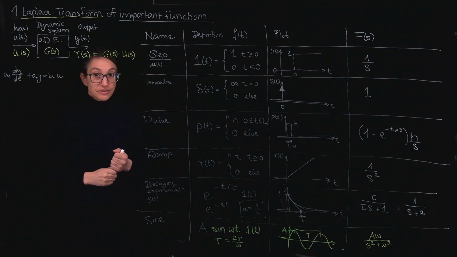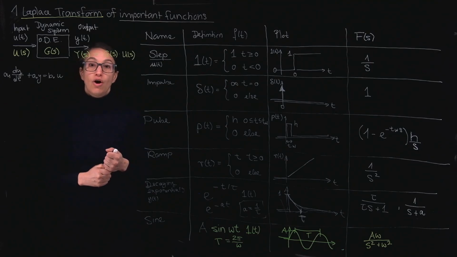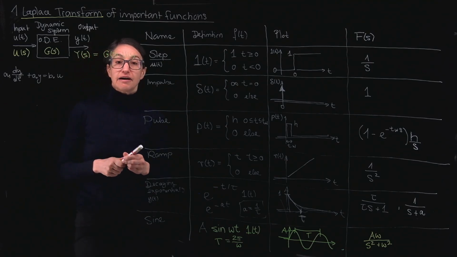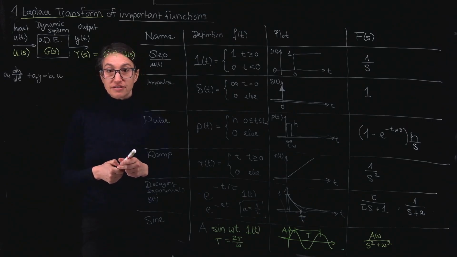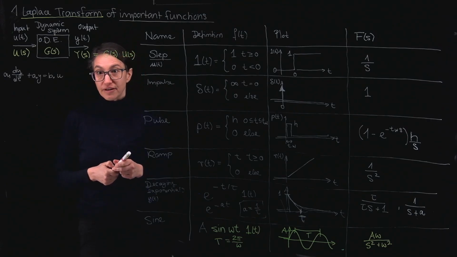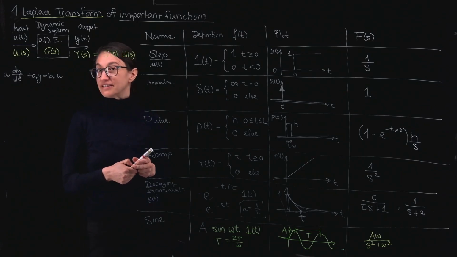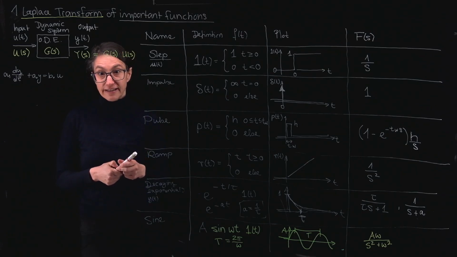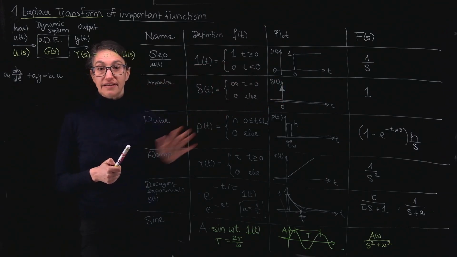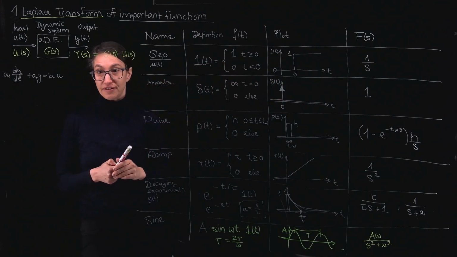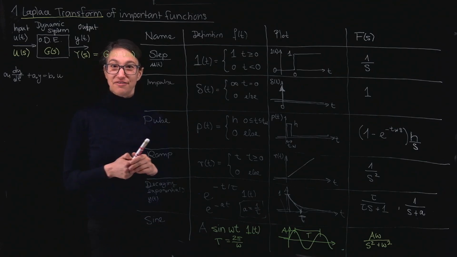These are the most important functions of the Laplace transform, or important signals that we're going to use later on. So it's really important to memorize them and to recognize them. You don't have to know them by heart. It does help, but you should definitely have this table somewhere in your notes. It's very important. Okay, see you in the next video.